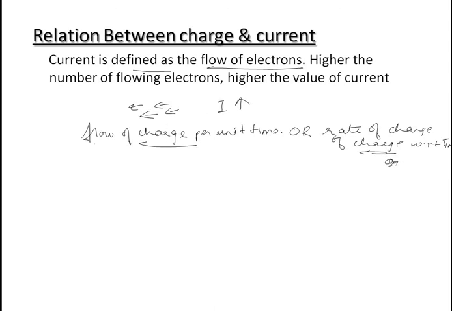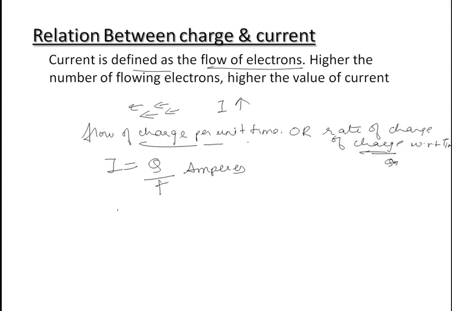So the definition of current can also be the flow of charge per unit time. Now this definition we can write mathematically as I, meaning current, equals charge per unit time, Q divided by T, and the current unit is amperes.